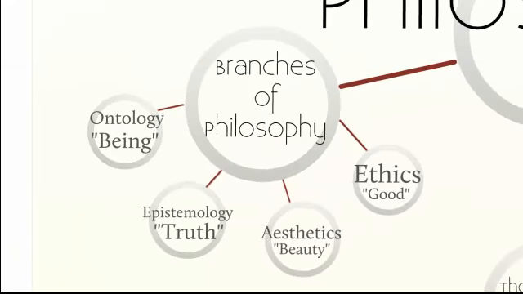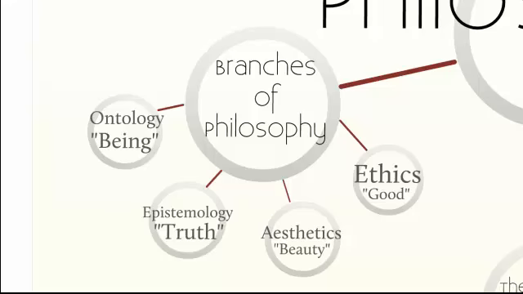When we go into philosophy, there are different branches of it. One is called ontology, and that is bringing about the question of being. What is it to be? What is your existence? Why? So those are the questions they're thinking of. Epistemology looks at truth. What does it mean when we say something is true?